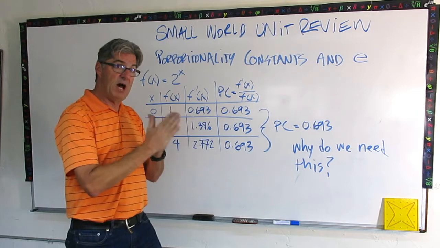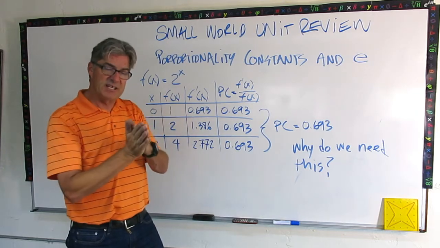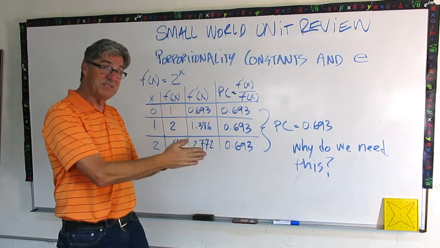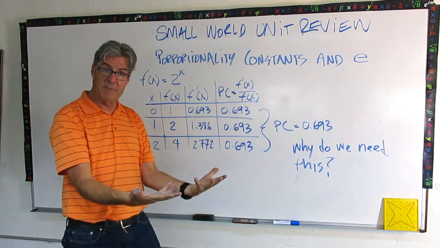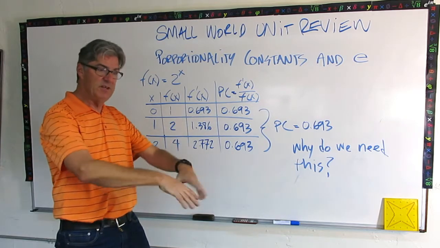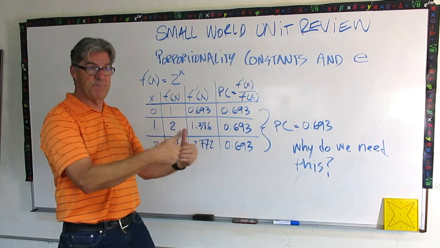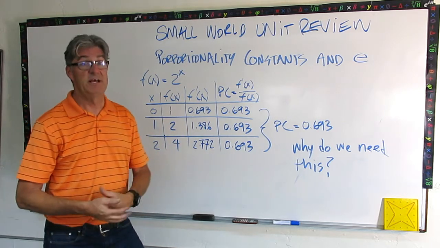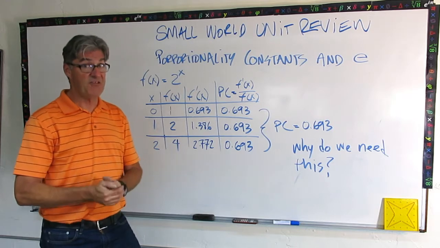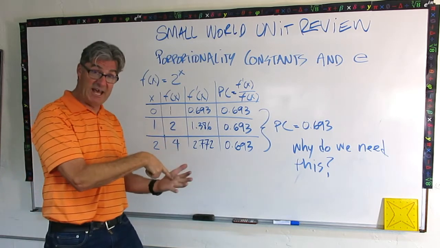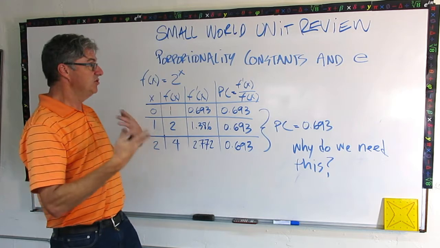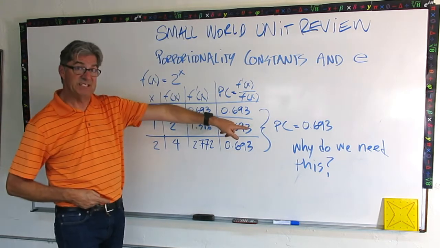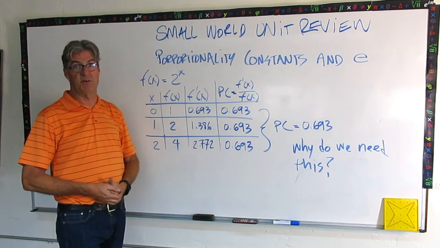So the growth rate has to be dependent on the population because that's where the new people are coming from. How many people you have reproducing and making babies will determine your rate. So the rate of growth for population depends on the y, not the x. But we have to put in an x to get that y. So you need a function that has a PC to model population growth.